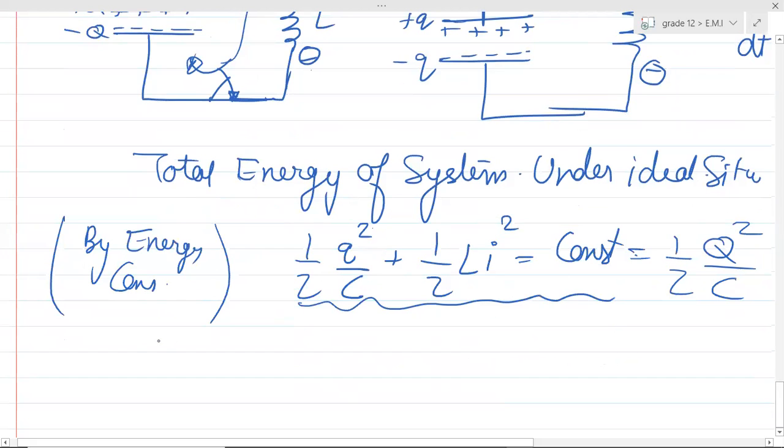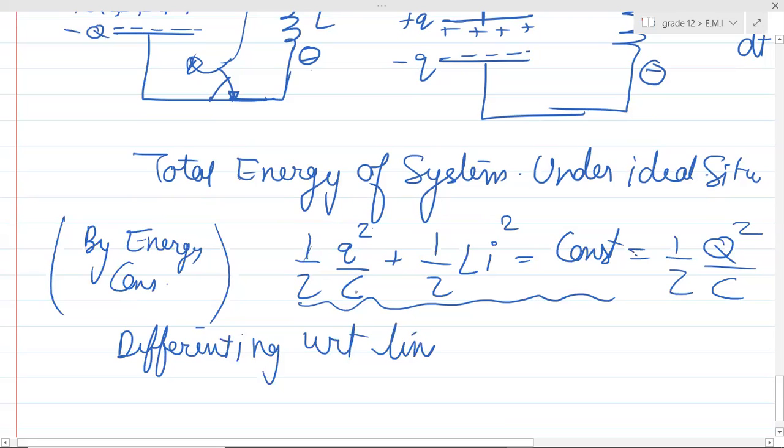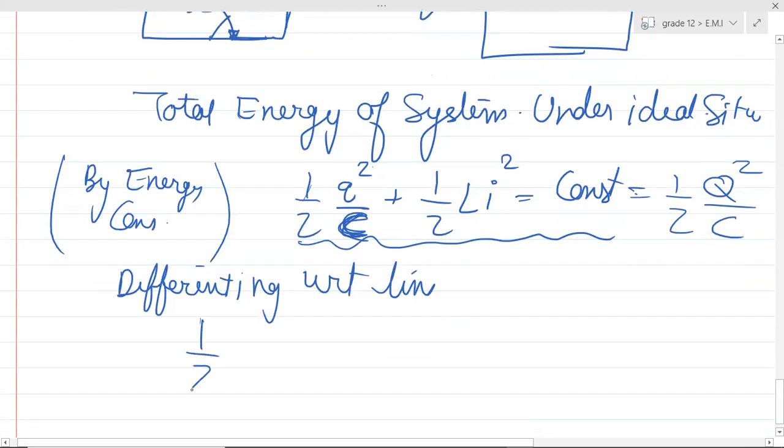If I differentiate this part with respect to time, so half and C is a constant, right? So 1 by 2C will be out. What is the differentiation of q square with time? 2q into dq by dt.